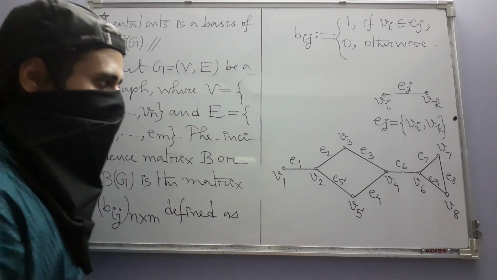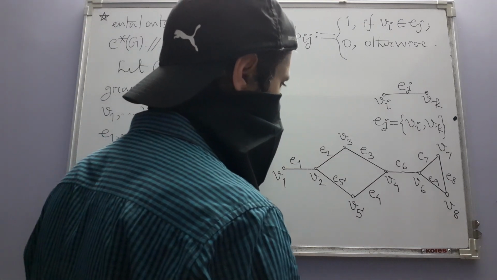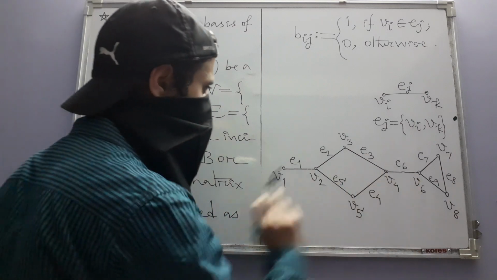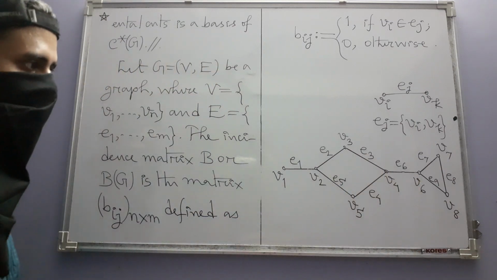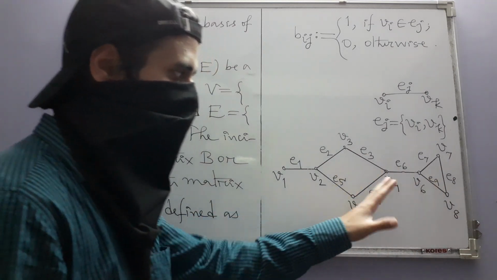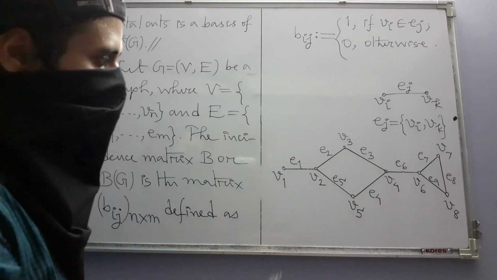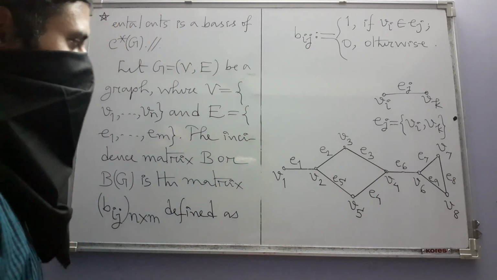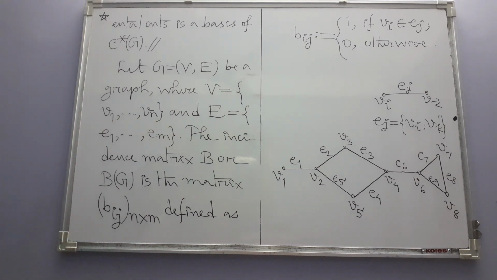Okay, so how many vertices are there? 8 vertices. And how many edges are there? 9 edges. So I purposefully considered this graph so that I can show that the number of vertices can be different from the number of edges. Okay.